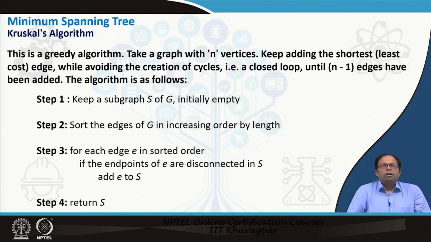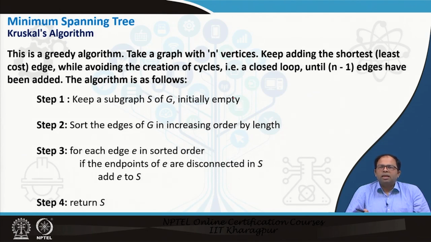So, Kruskal's algorithm, the first algorithm that we will consider, is a greedy algorithm, and here in a graph with n vertices, we will keep adding the shortest or the least cost edge while avoiding the creation of cycles, that is a closed loop, until n minus 1 edges have been added. I will discuss that using an example, but what it means is in a graph with n nodes, we keep adding the shortest or the least cost edge.